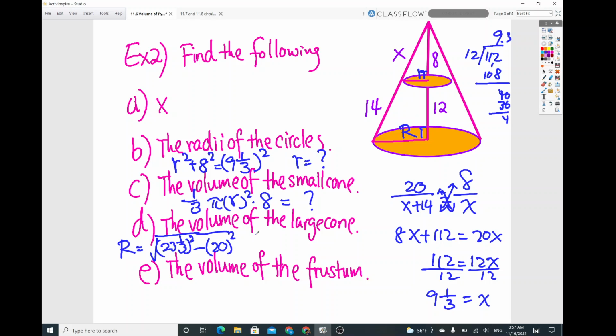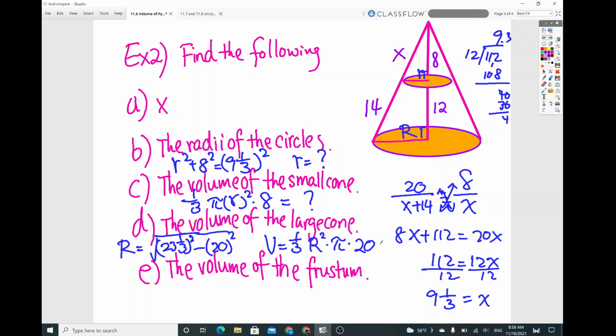Once you get that capital R, you can get the volume of the large cone: 1/3 times capital R squared times pi, and then times the height of the entire cone, which is 8 plus 12, so that'll be 20.